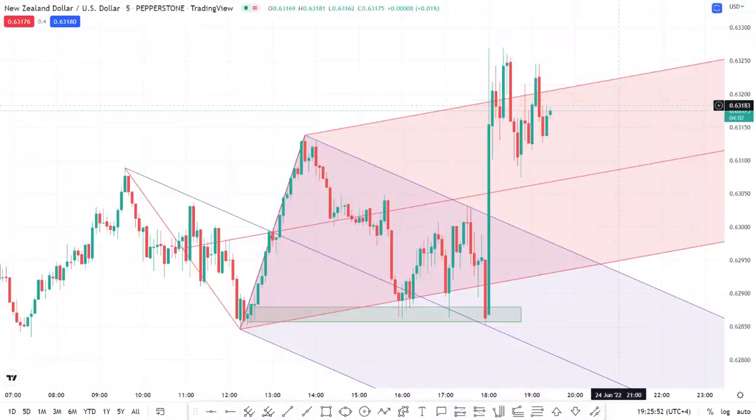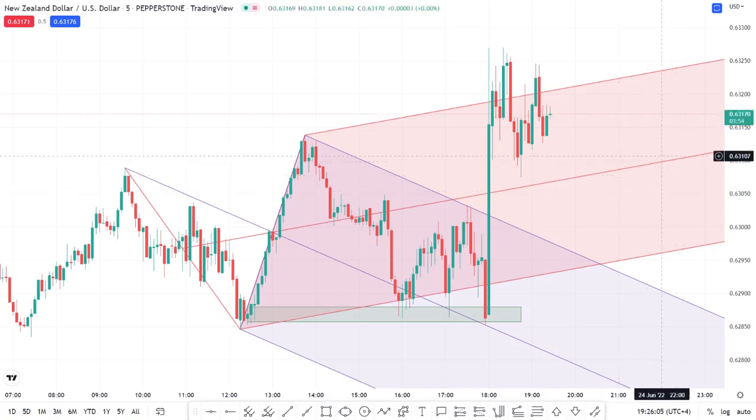Alright, live trade tayo kay New Zealand dollar versus US dollar. Okay, forex ulit tayo. And here, makikita niyo ang aking salasalabat na linya. And I want you to pay attention paano tayo nakapag-build ng line works.